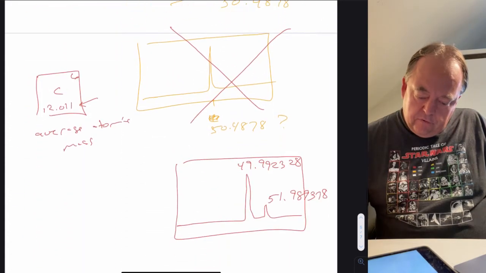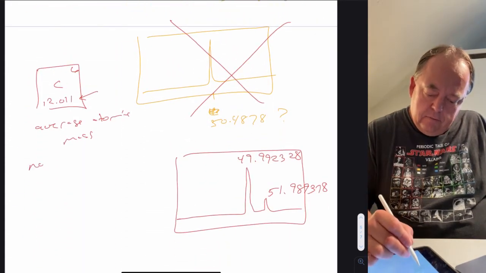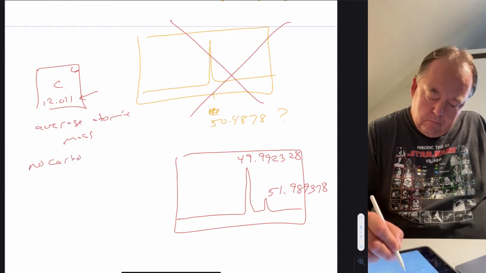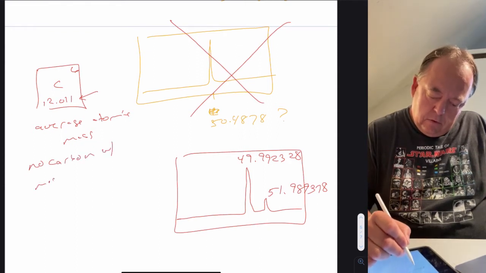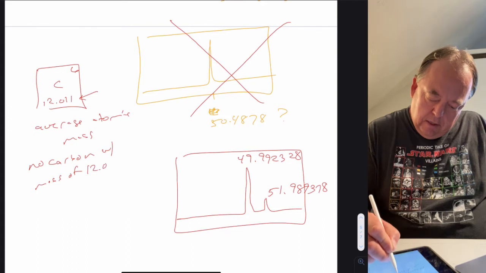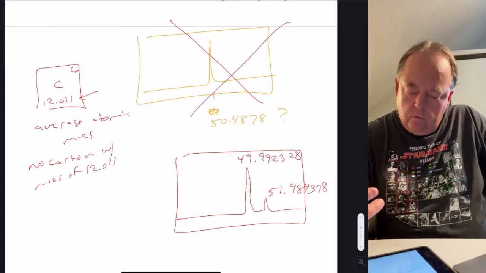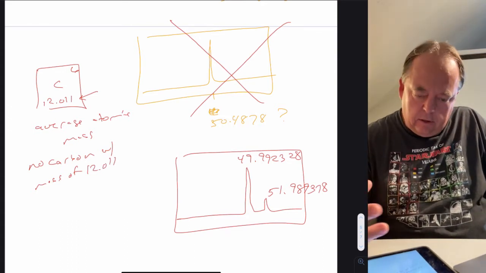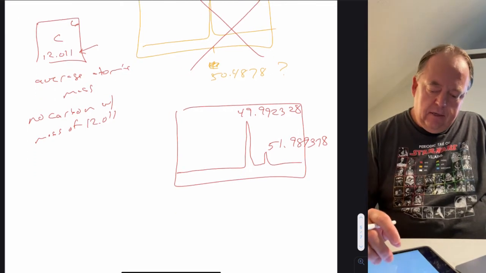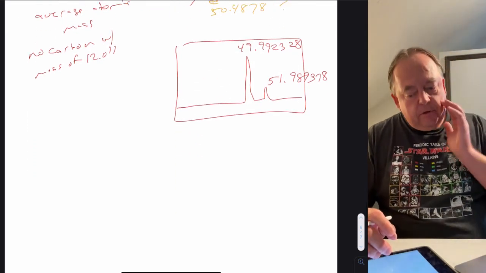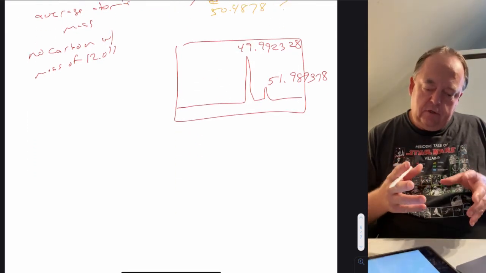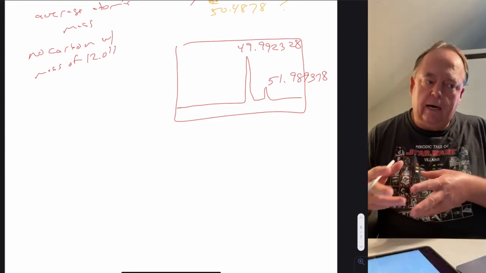And the same is true for carbon. There is no carbon with a mass of 12.011. That is the average atomic mass of all of the carbon isotopes in nature. So when you're doing mass spectrometry, you have to use the mass of individual isotopes.